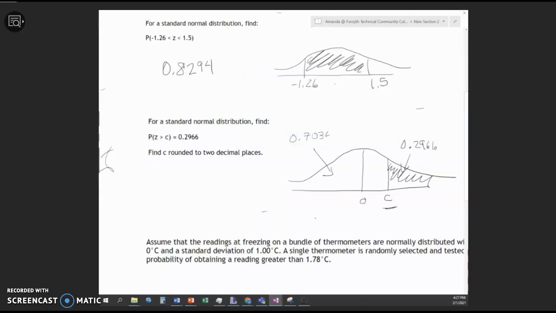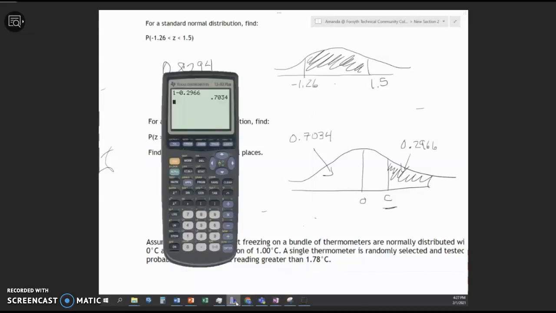You're probably saying, why are you looking for the area below when we're given the area above? Our calculator, when we use the inverse norm function, needs the area below. So if we're given the area above, we have to take 1 minus that first.